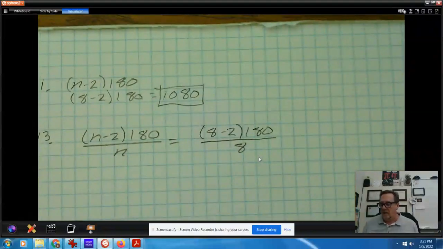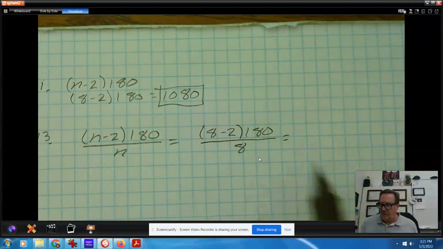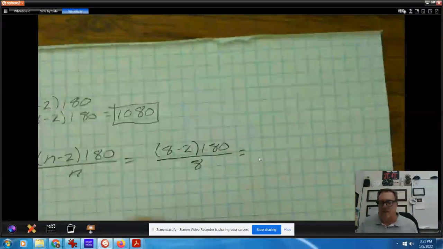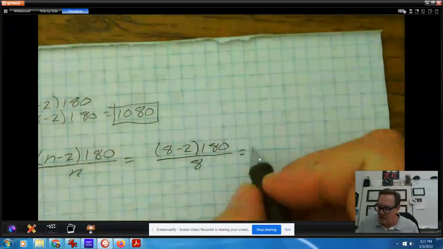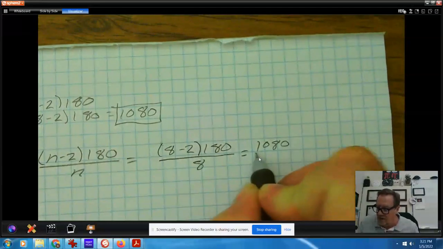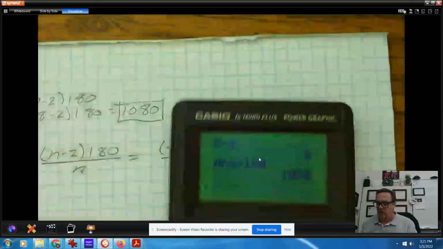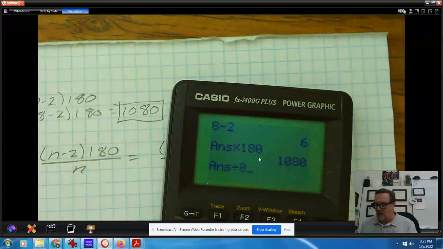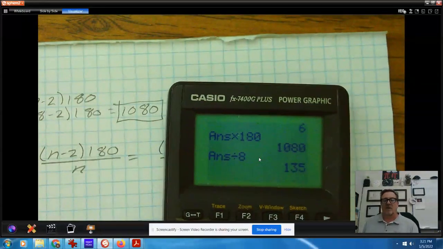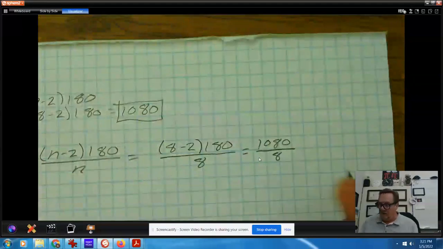Okay? So we know on the top, because we had that problem before, we're going to get 1,080. But we're going to divide that by 8. 1,080 divided by 8 gives us 135.